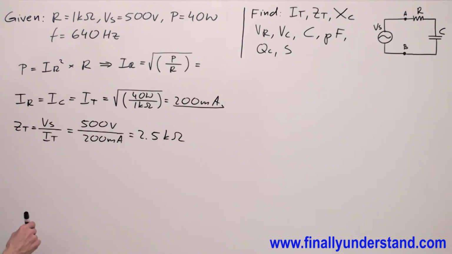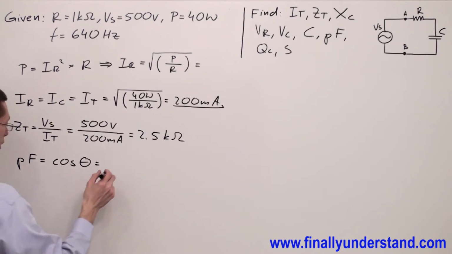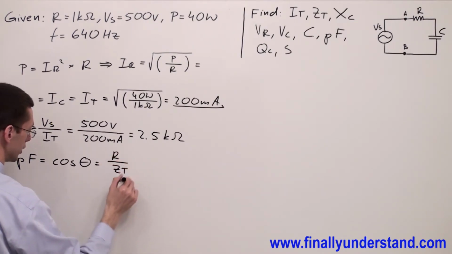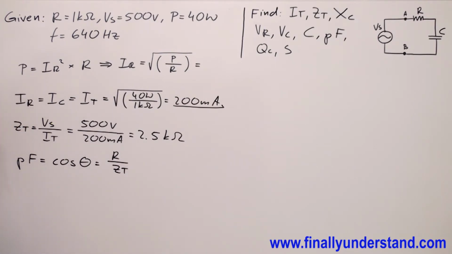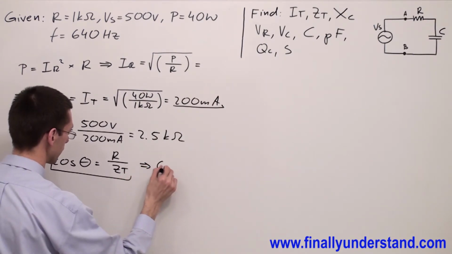So what we're supposed to do next? You're supposed to remember the formula for the power factor. Power factor is equal to cosine theta, and this is equal to resistance over Z total. So from this formula I can find angle theta.